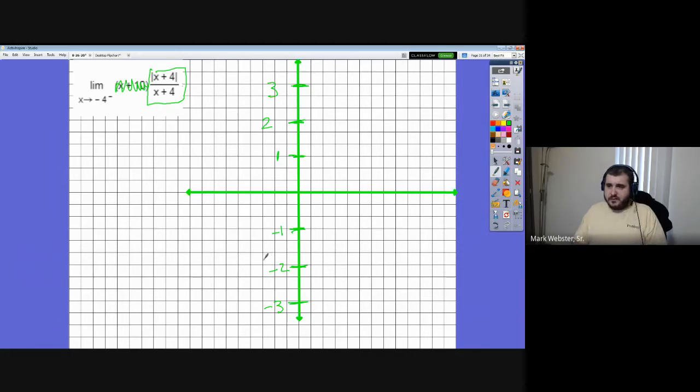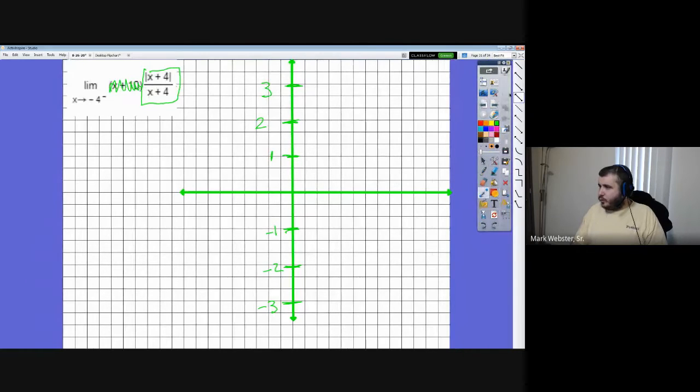When you're doing this, and this is going to sound real stupid, but they do this all the time. If these absolute values weren't there, those would cancel out, right? X plus 4 over X plus 4, right? But here's the thing, they don't.